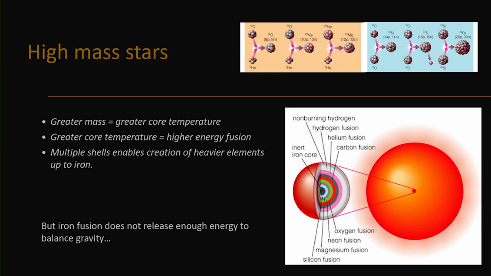The greater mass, the stronger gravity heats that core hotter and hotter each time it finishes fusing into the one element, it contracts, gets even hotter, fuses the next element. Meanwhile, another shell forms, and another shell, and another shell. So we get multiple shells. Again, why? The greater mass, the greater temperature, higher energy fusion, heavier elements.